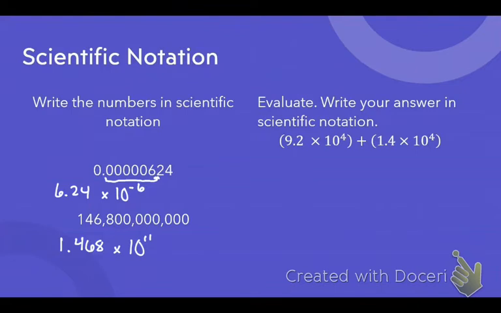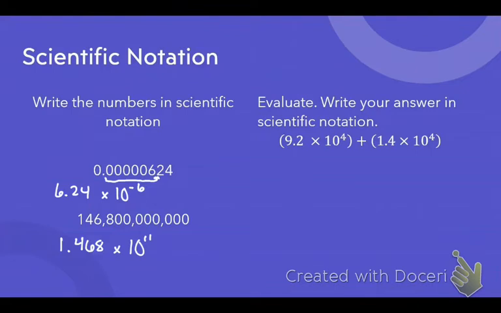Do I have a common power? Yes. So that means that's like having a common denominator. That means that I can add my decimals together. All right, so go ahead and do that. Here's the catch. Make sure your answer is written in scientific notation. Fully.